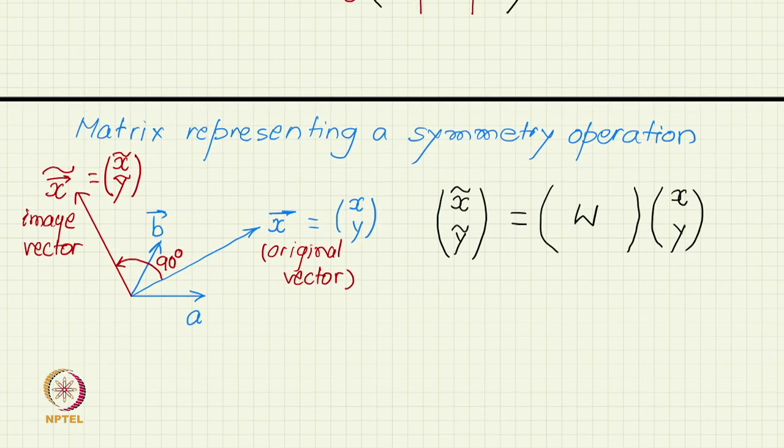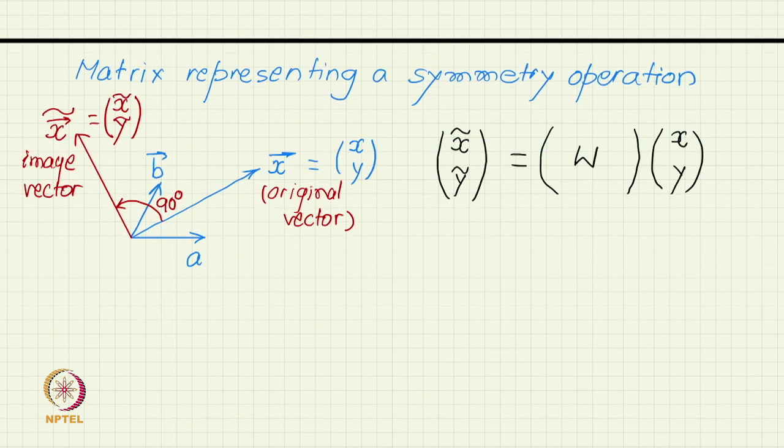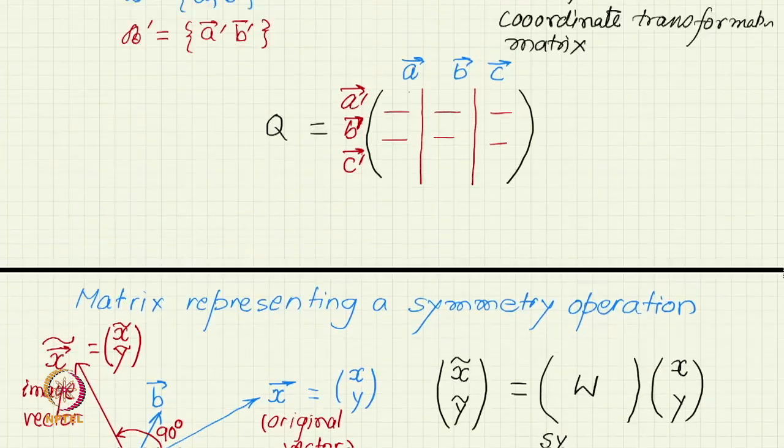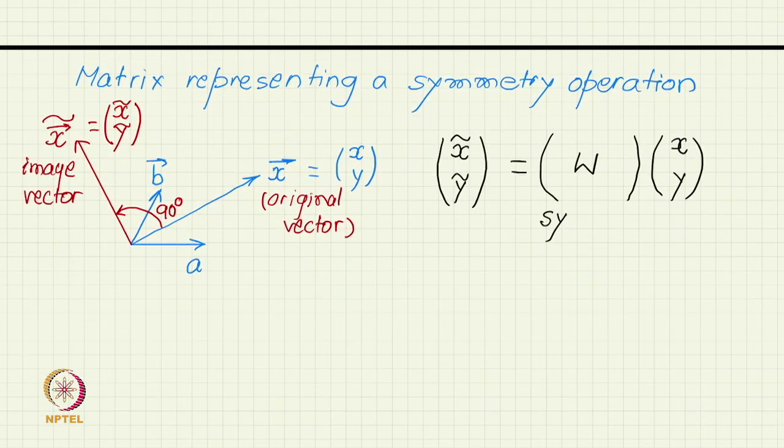If I tend to deviate by my carelessness and all, you are welcome to point that out and correct it. So, this is the symmetry. Now, Q was a coordinate transformation matrix, W is a symmetry transformation matrix. But matrices have the same property.